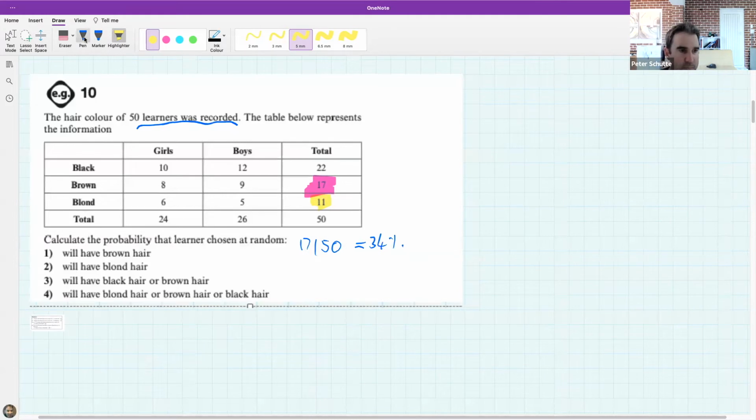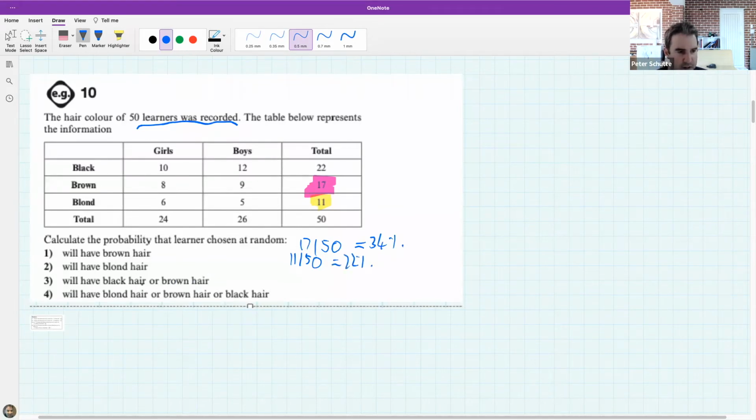And so we'll have blonde hair. What's the probability of choosing someone with blonde hair? Yeah, it's just going to be 11 out of 50. Nontokozo, you are on the money there. 22%, Rodley, you're absolutely correct.